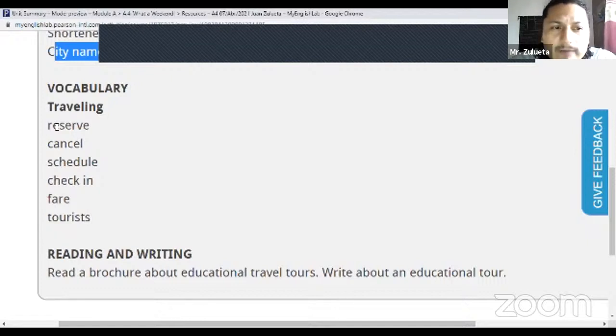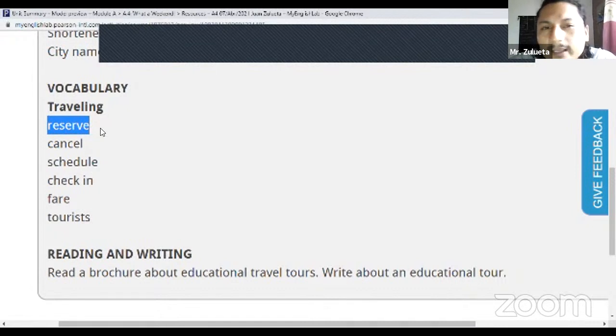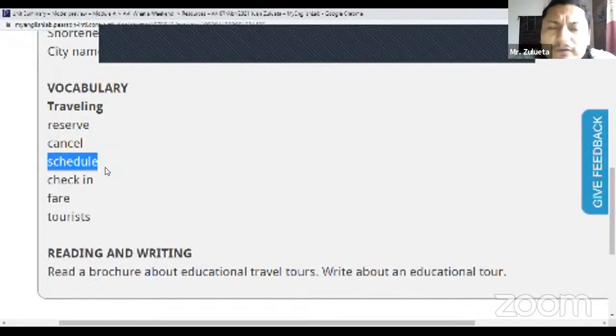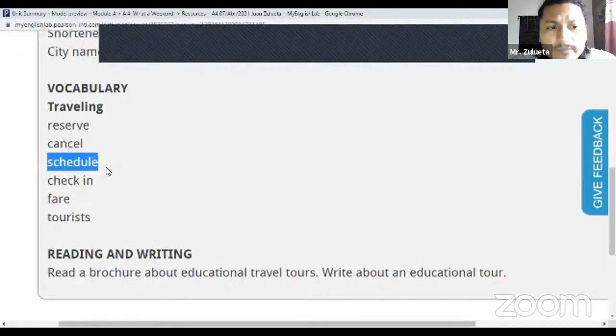So reserve is American English, book in is British English, okay? So to make a reservation, or to cancel a reservation, to schedule. Schedule can mean two different things. It can be the noun, such as agenda, or it can also be schedule as to make a reservation, of course. Check-in is when you arrive to the hotel, okay? Then we have fare and tourist.